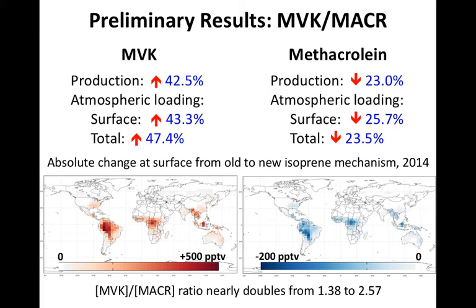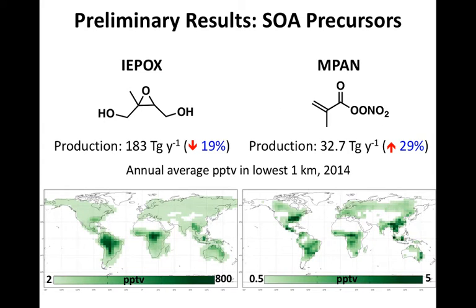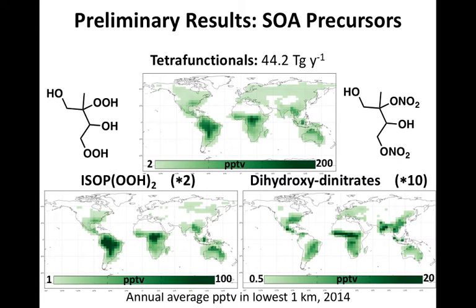In terms of other VOCs that we look at, we spend a lot of time looking at SOA precursors, and so we think we do a better job treating IEPOX and MPAN, two of the biggest SOA precursors from the low NOx and the high NOx, or low NO and high NO, pathways. But we also now explicitly treat some of the highly functionalized compounds that we have long suspected might form from these channels, but haven't really known well enough to actually treat them explicitly in these models.